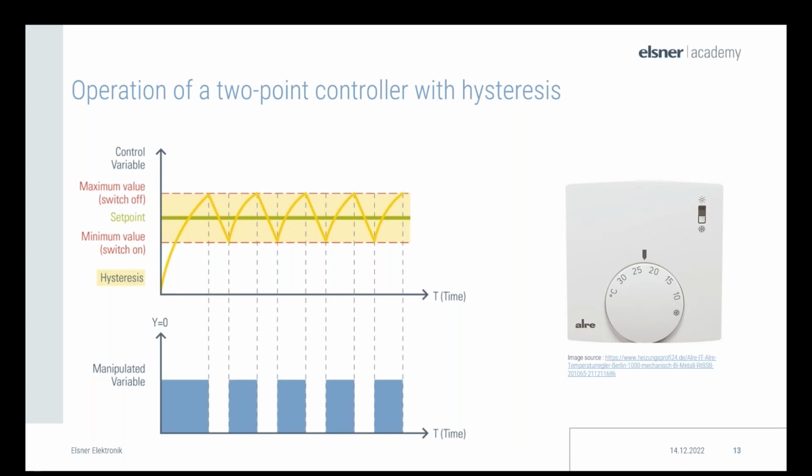This is the range at which the thermostat switches on or off. We assume a hysteresis of plus minus 1 degree. This means that the controller switches the heating on when the temperature falls below 24 degrees, and it switches it off again if the temperature exceeds 26.